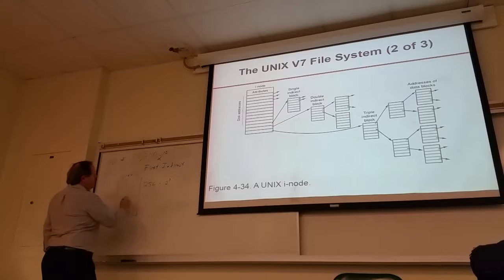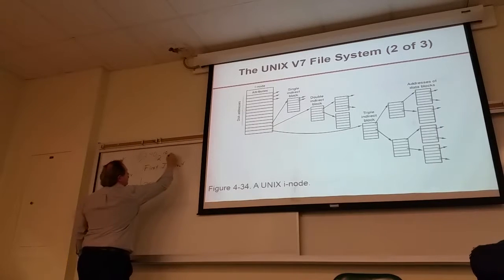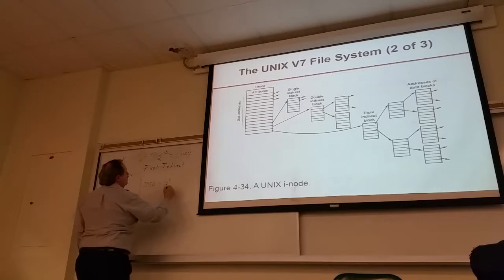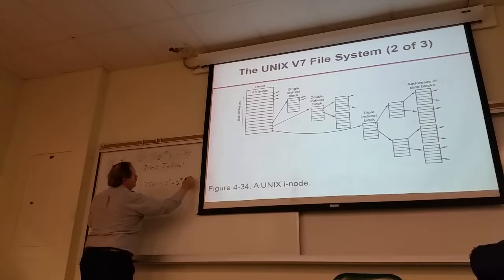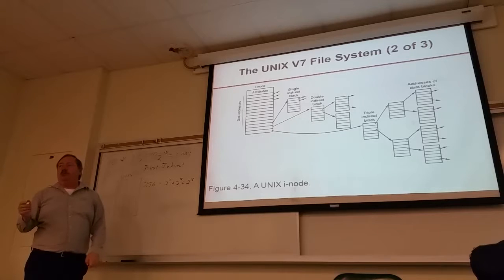And I have each one of these pointing to a 1024 size block, right? So how much would this block be able to point to? 260,144, which is approximate, like 260,000.